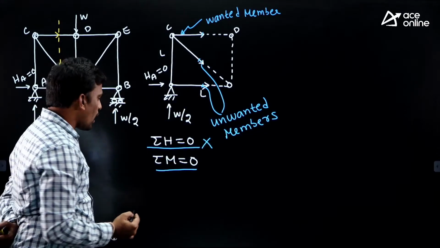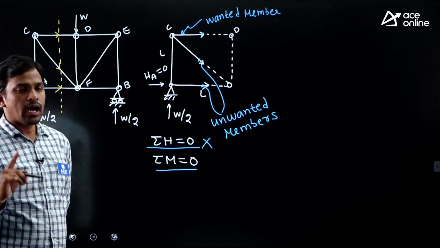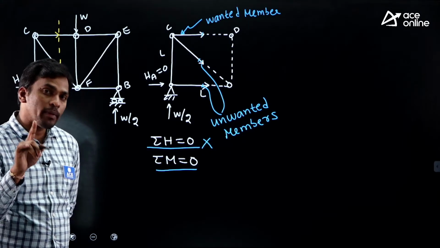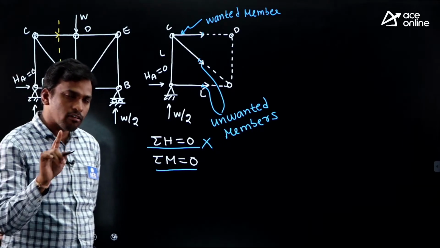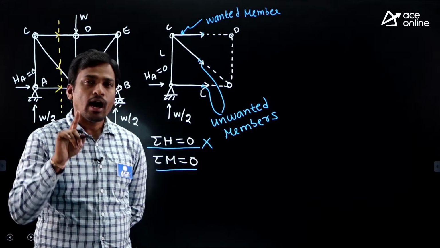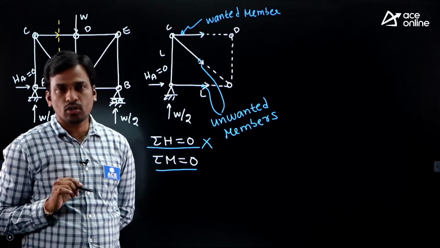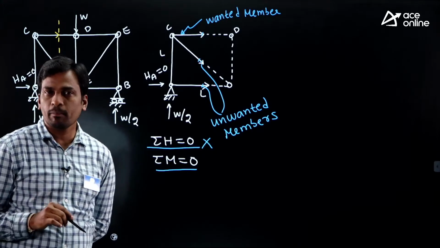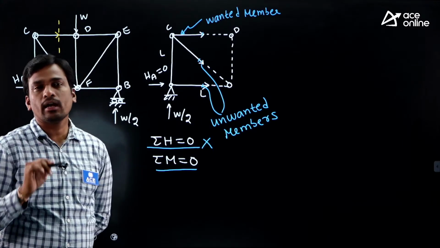Now students, how do we know whether sigma M is possible or not? Always remember, and I am stressing this point, for the moment equilibrium equation, all the unwanted members should meet at a single joint. At that point, the wanted member should not meet.